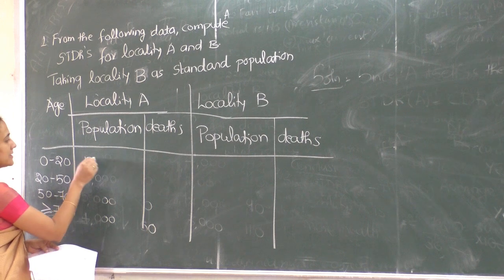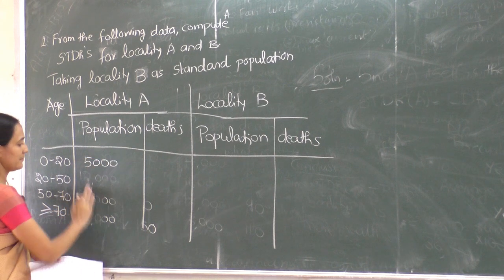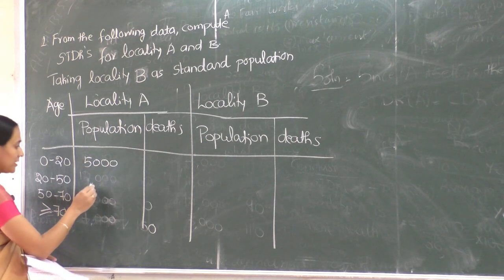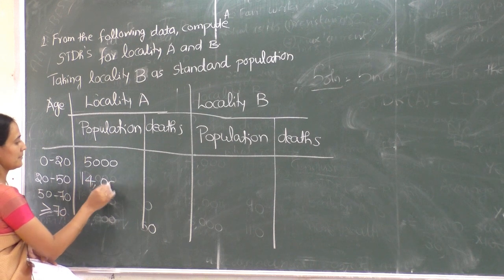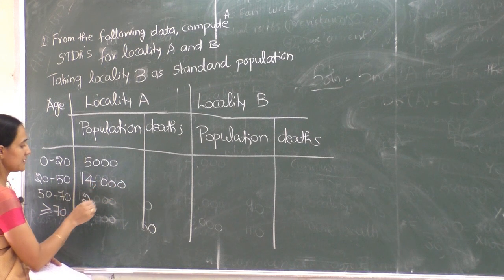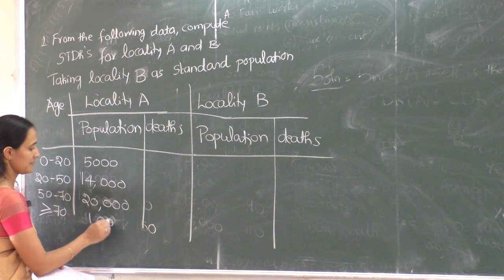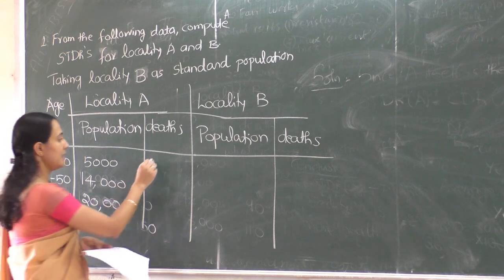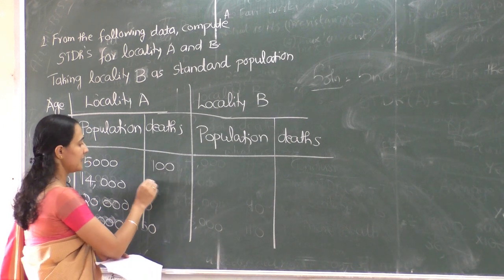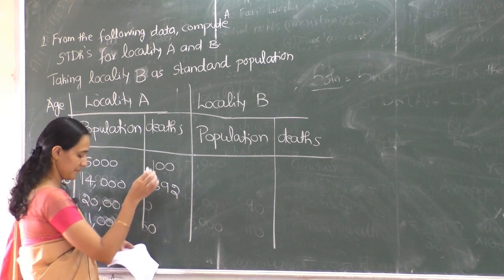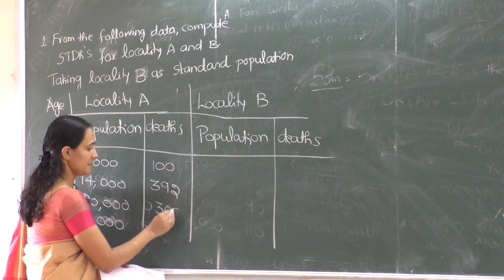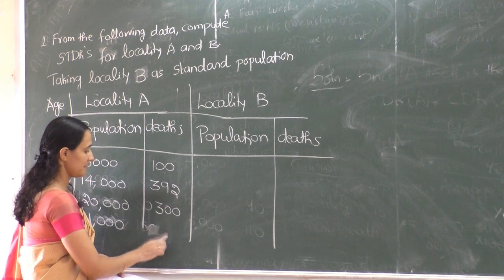Here 5,000, next 14,000, 20,000, next 1,000. Here 100, 392, 300, next 200.